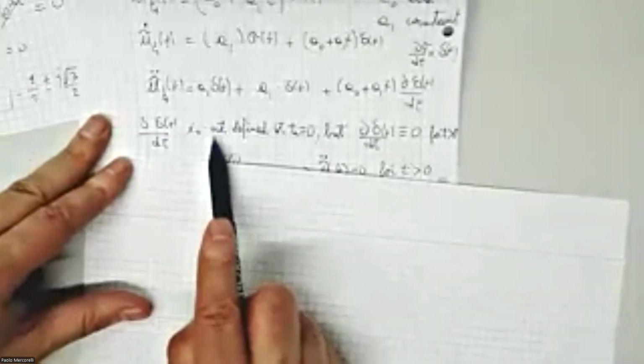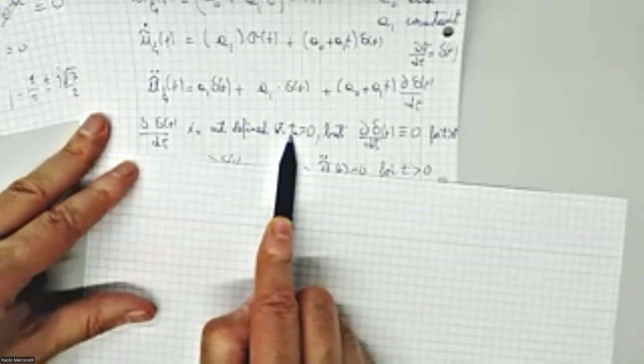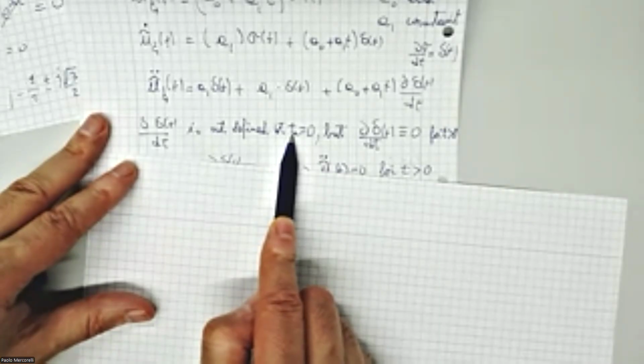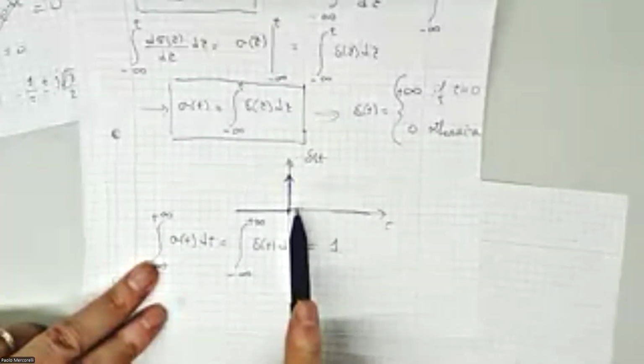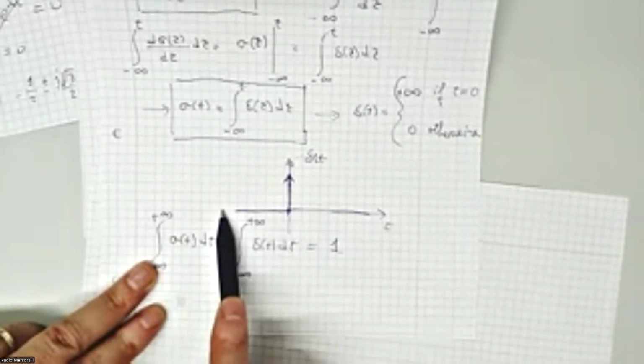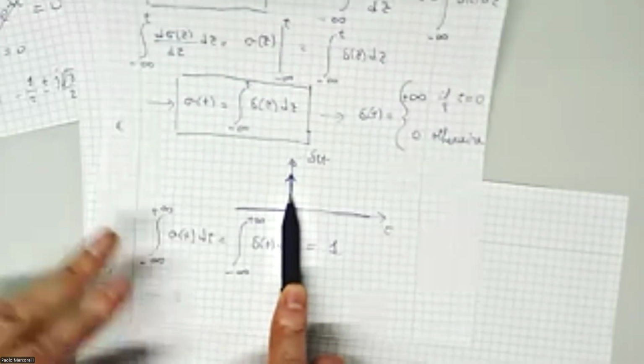Let me indicate so. Now, as I told you, this is not defined, in particular at t equals 0. Why that? Because outside 0, we can understand. The derivative here, the derivative here is 0. Here is not clear what happens.